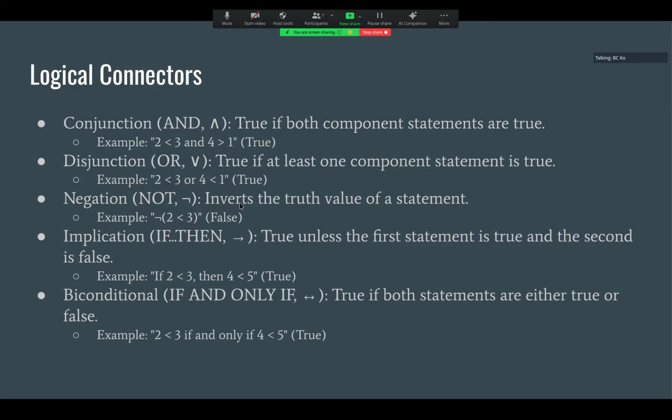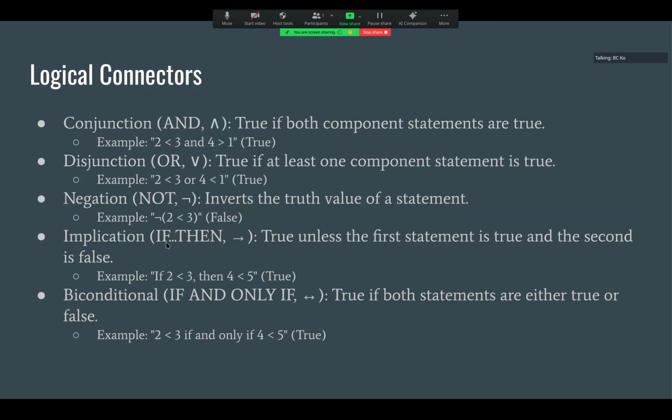Negation inverts the truth value of a statement. So for example, if the statement 2 is less than 3 is true, then its negation is false.